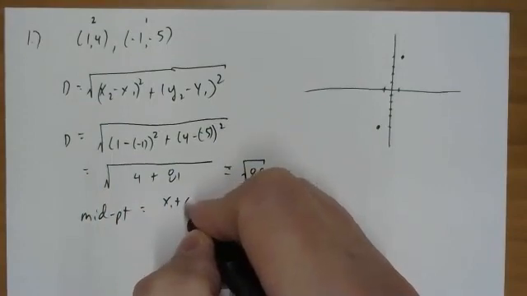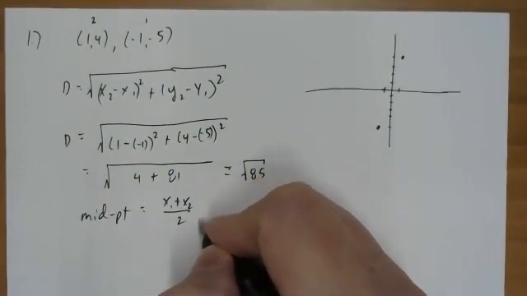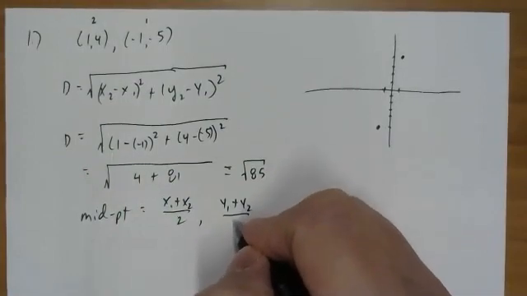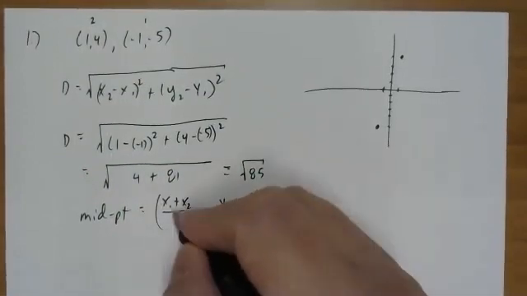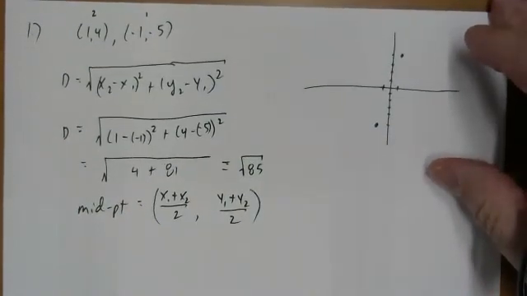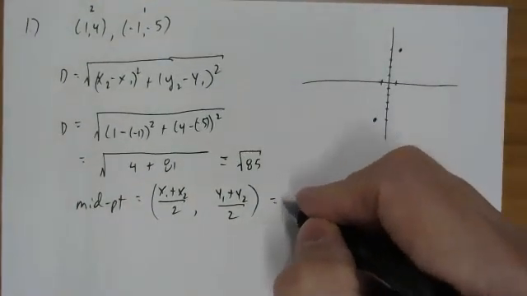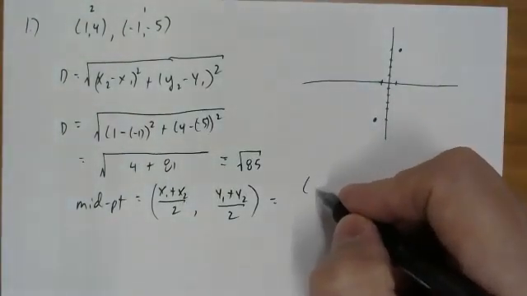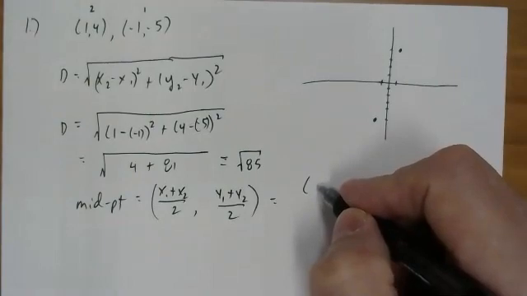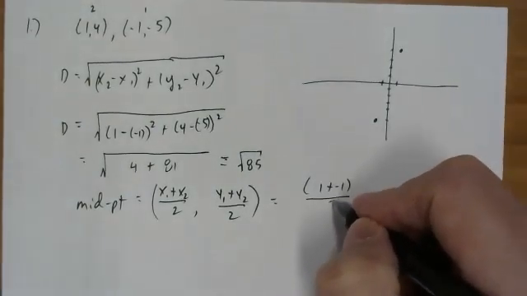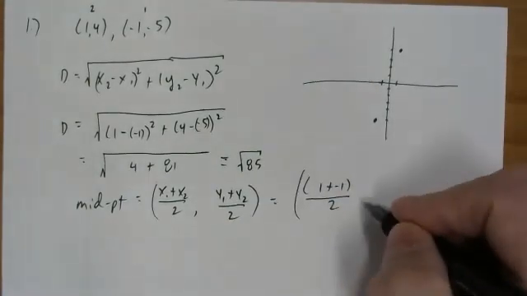It also asks for the midpoint. Midpoint formula actually is not given on the exam, but it's pretty easy to remember. It's almost like you add the 2 x's together, divide by 2, add the 2 y's, divide by 2. It's almost like taking the average. So the x's are 1 plus -1 over 2.